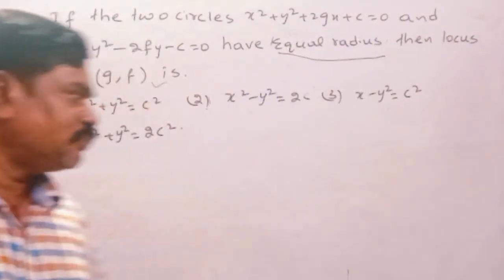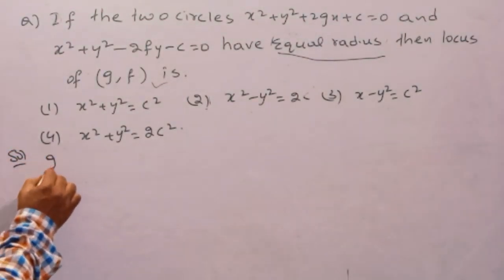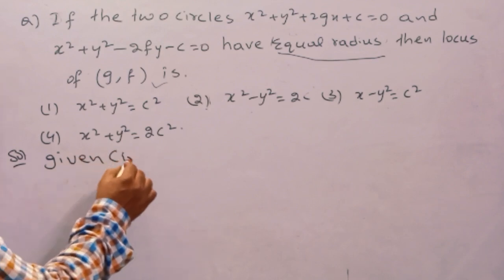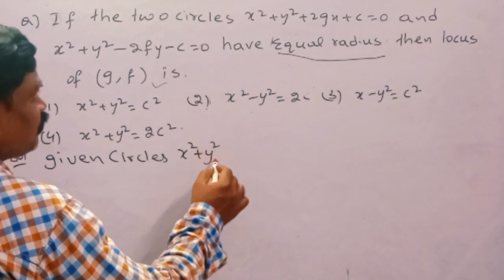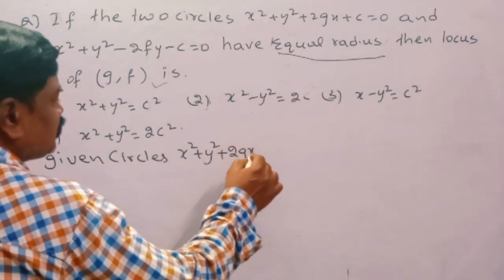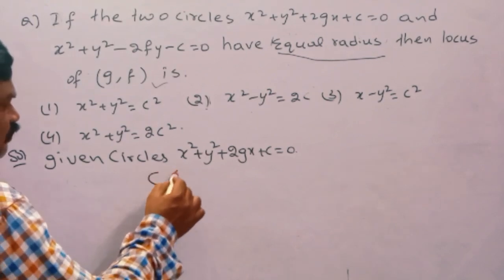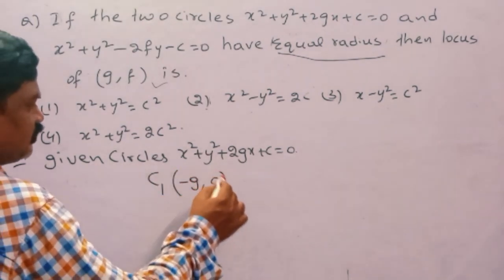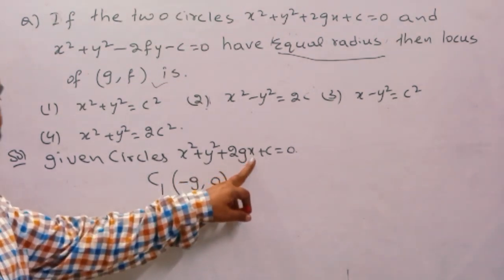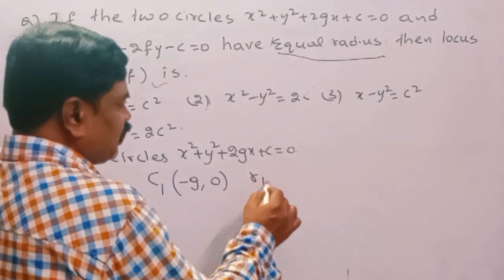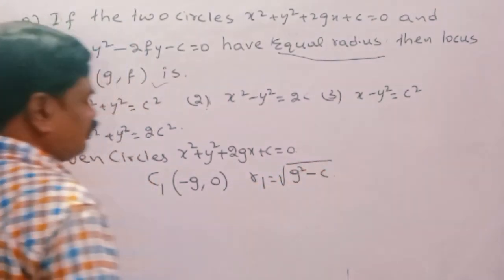Here the first circle is x square plus y square plus 2gx plus c equal to 0. The center of circle C1 is minus g comma 0, as there is no y coefficient, and the radius r1 is root over g square minus c.